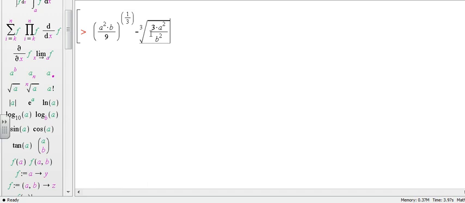And then I've got plus cube root of 3b divided by a.